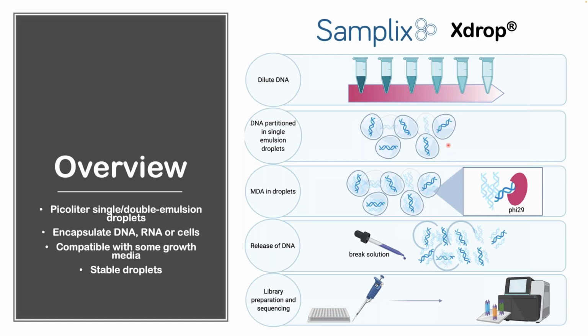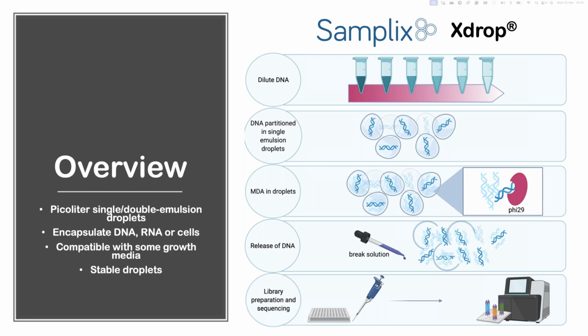And what you see here is an outline of the experimental workflow that we followed on a high level. A DNA sample was diluted to various concentrations, and I'll detail that in the next slide. After that, the diluted DNA was partitioned into single emulsion droplets with a single DNA molecule per droplet using the Samplix Xdrop system.